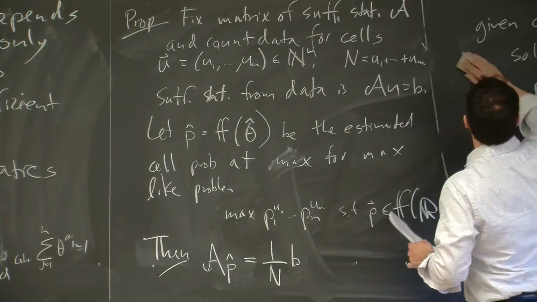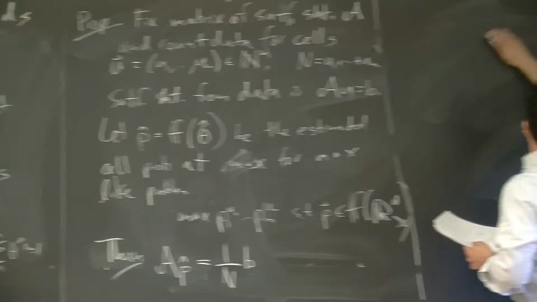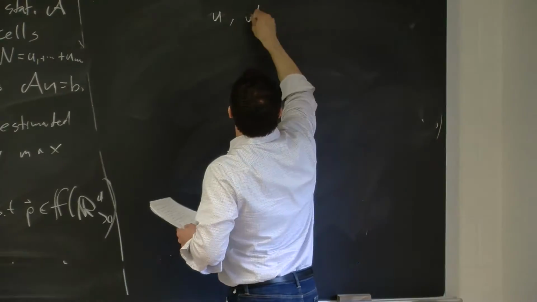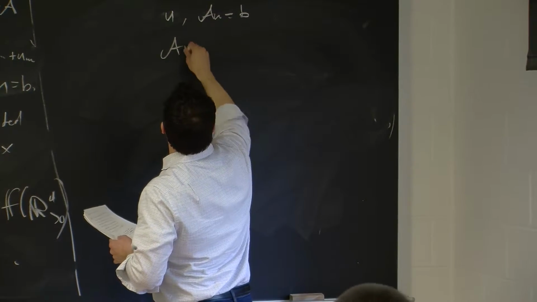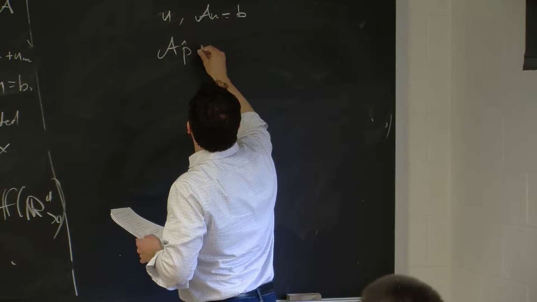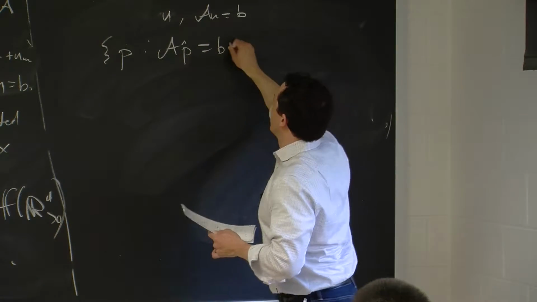So here's the picture that you should have in mind. So we have U, we have AU equals B, and we would like all of the P's. We're interested in the set P such that AP equals B, right?